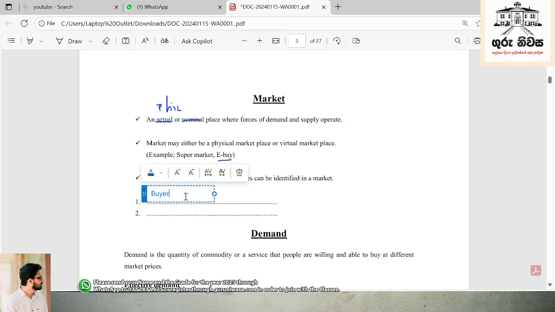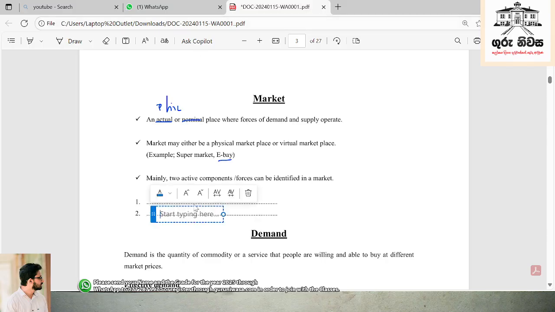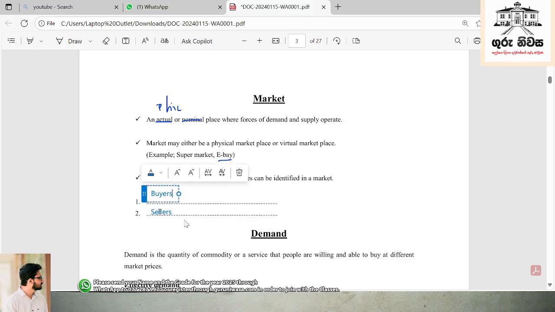Buyers, or we can say consumers. Sellers, or producers.